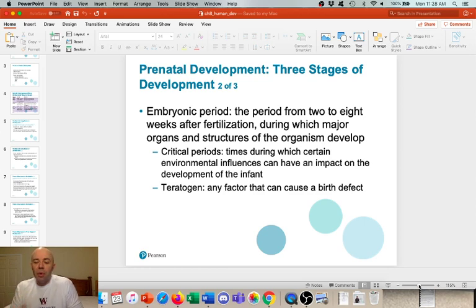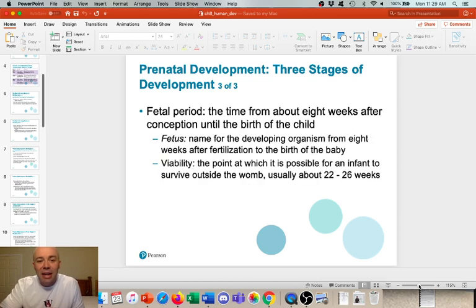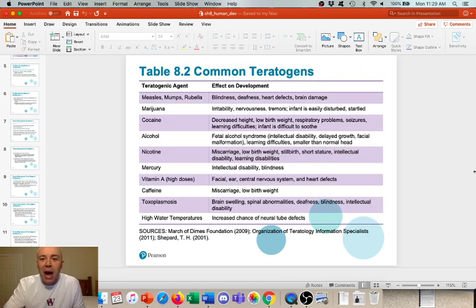And what's really critical too in the embryonic period, from about 2 to 8 weeks, is that teratogens become a problem. Now, this word, teratogen, I'm going to throw it at you guys again. Teratogen, teratogen, teratogen. You're going to hear that word on the test. And here's a group of teratogens bouncing around, but take a look.